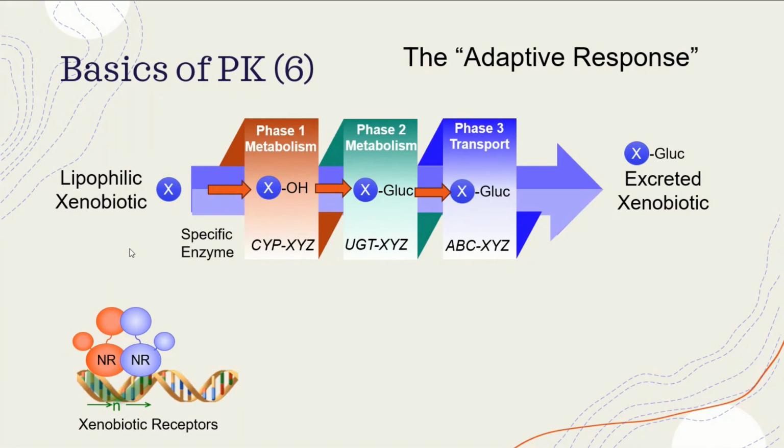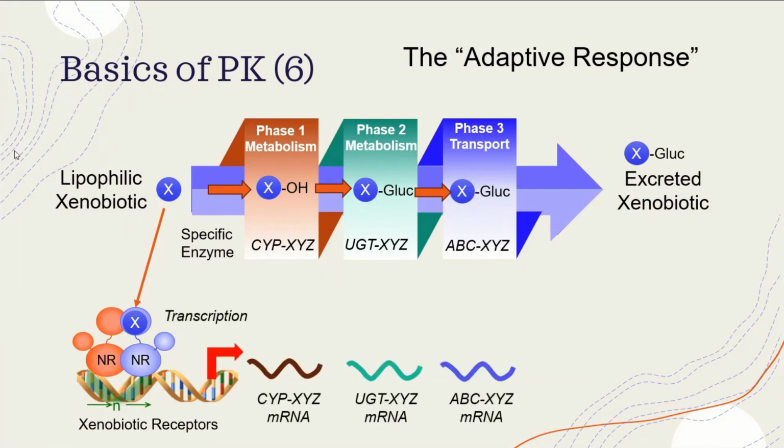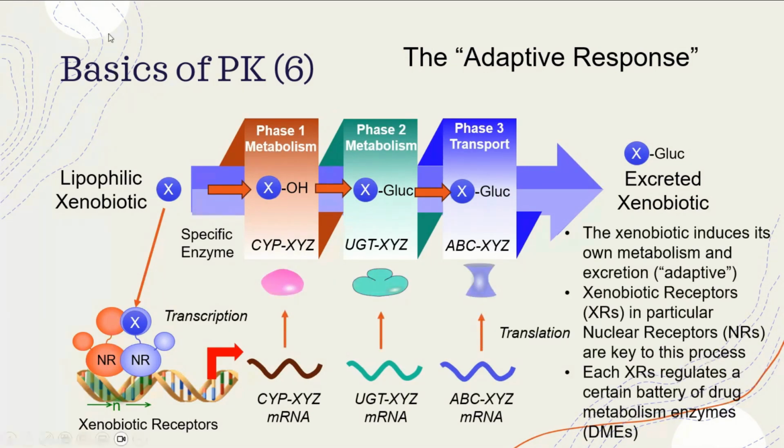Well, we do this through a series of steps that are basically trying to sense the presence of a xenobiotic. And we have xenobiotic receptors that are responsive to a wide variety of different chemical structures. And then these are going to transcriptionally regulate all of these different enzymes that are involved in the phase 1, phase 2, and phase 3 metabolism.